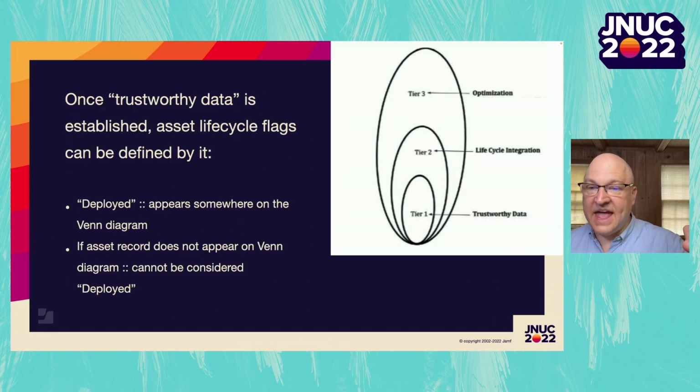The next step to that is the asset lifecycle, because as you trade this information back and forth on a regular basis, you're going to be able to detect assets being deployed and being recovered, being pulled off, sometimes even before the field service techs get around to filling out their work orders.